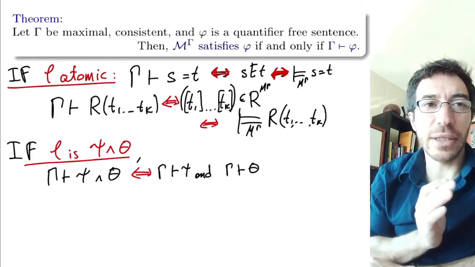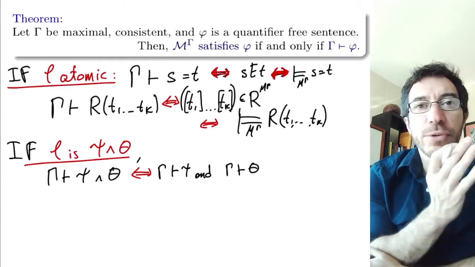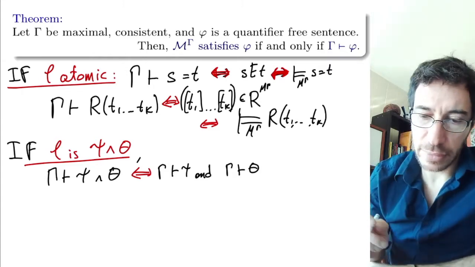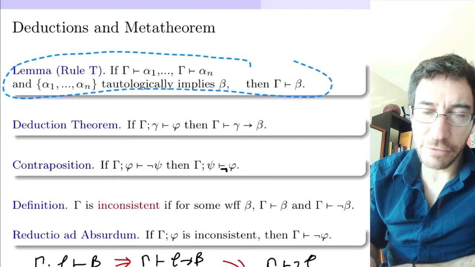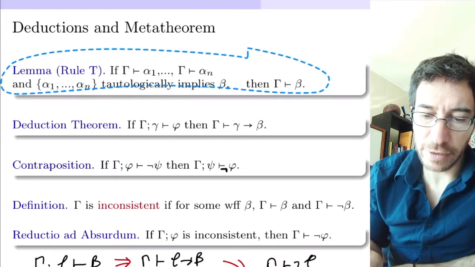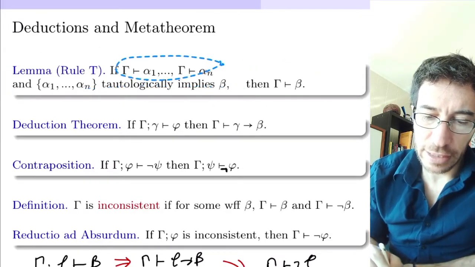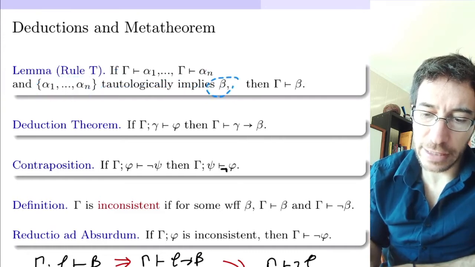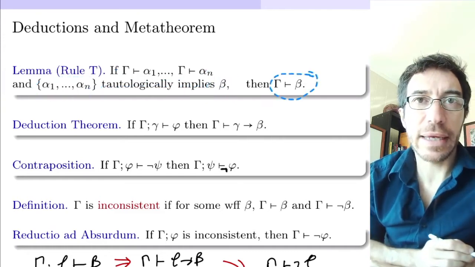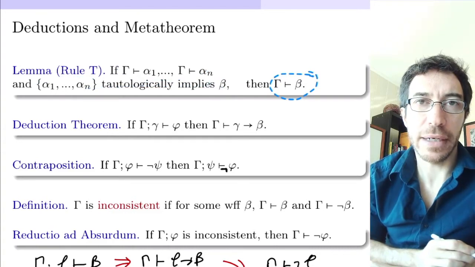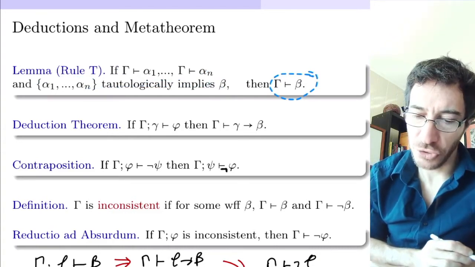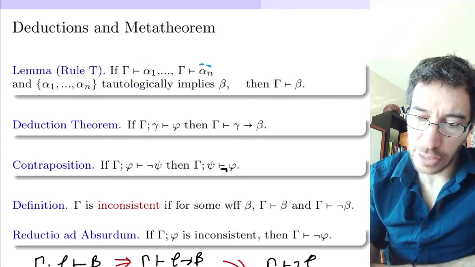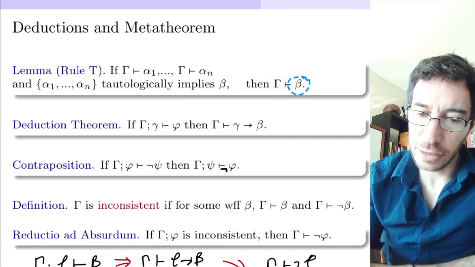Why is that? Well, this is because of the rule T. Rule T, remember, says that if gamma proves a bunch of things, alpha 1, alpha 2, ..., alpha n, and all these tautologically imply beta, then gamma proves beta. So if you can prove these already and they tautologically imply beta, then you get beta.